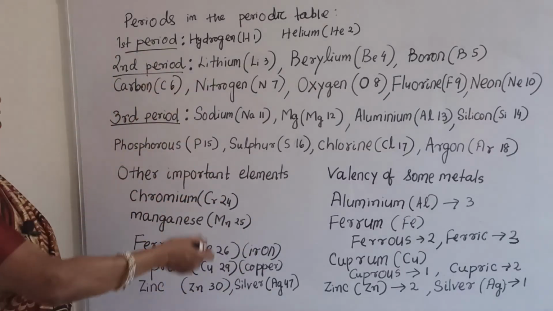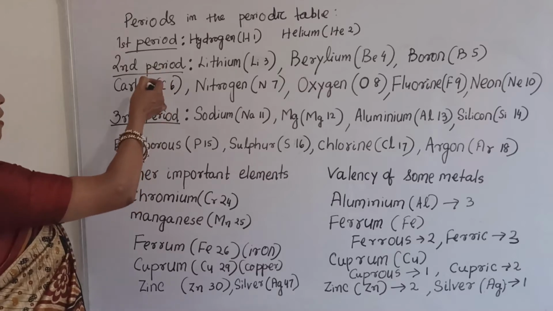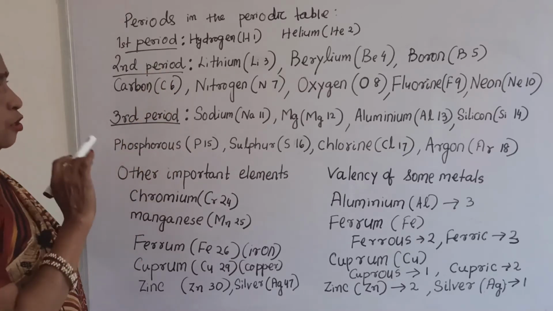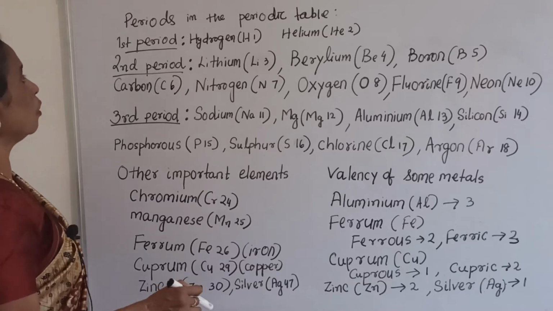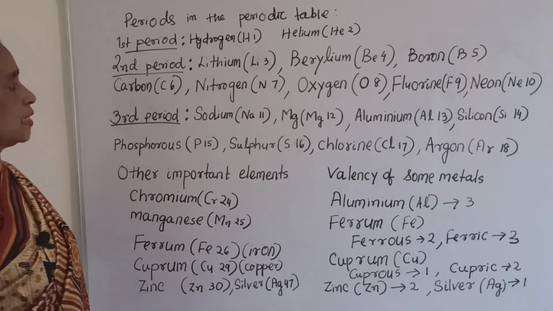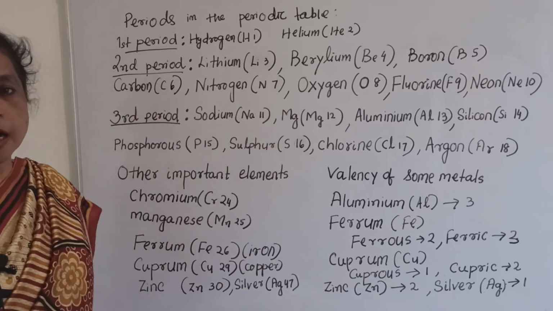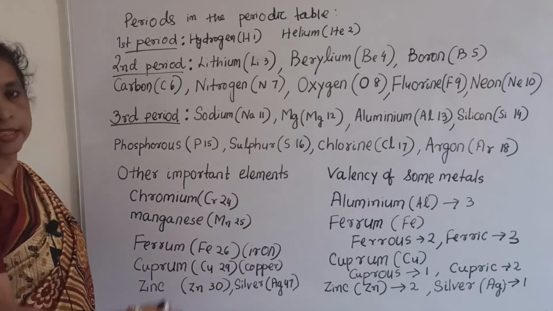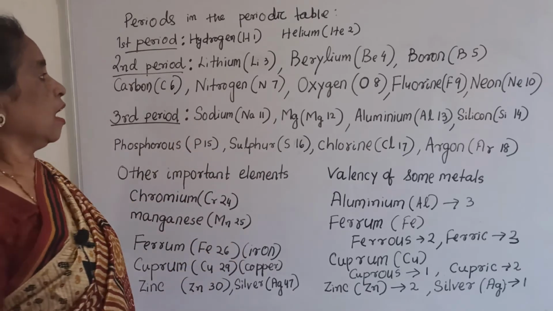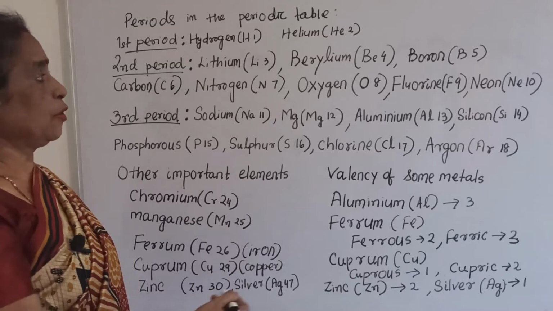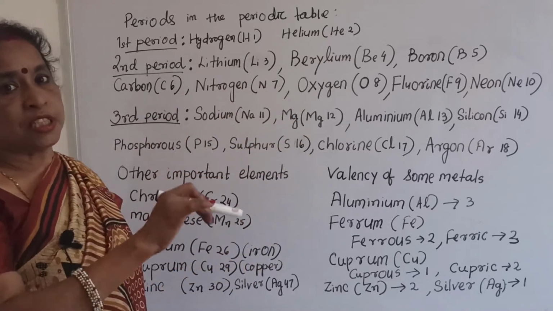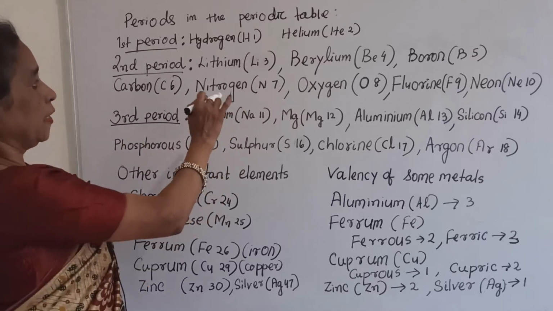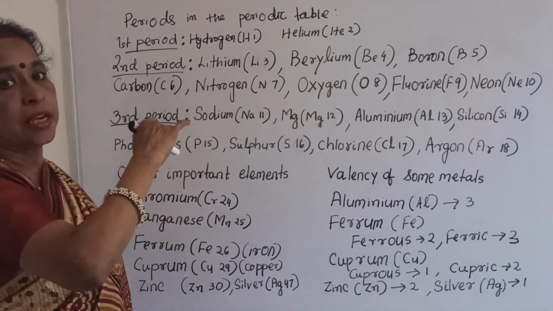Again see, these are the elements of the first, second and third periods, which is sufficient for you to write chemical formulas now. So first period 2 elements, second period 8 elements, third period 8 elements. Repeat the second period when you go to bed, and then it will be clear.